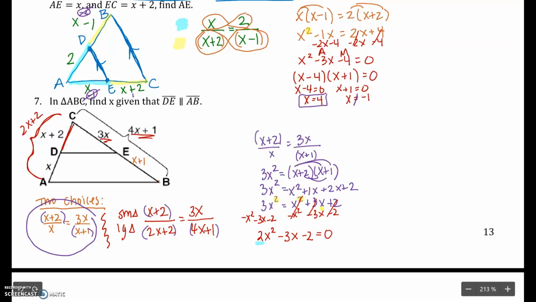Another Algebra 1 review. When there's a number in front, you need to take that number and multiply it by the end, and that's what you're trying to multiply to, and you're trying to add to your -3. Okay, so we need to multiply to a -4 and add to a -3.